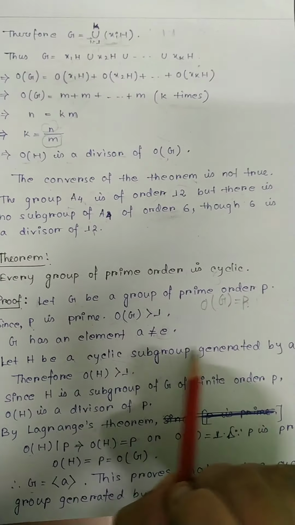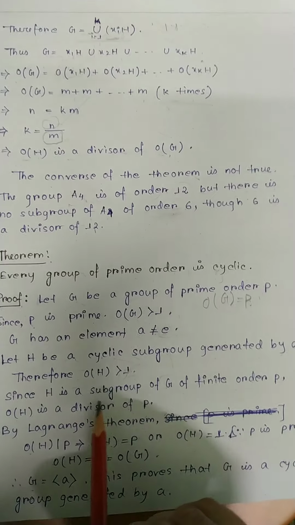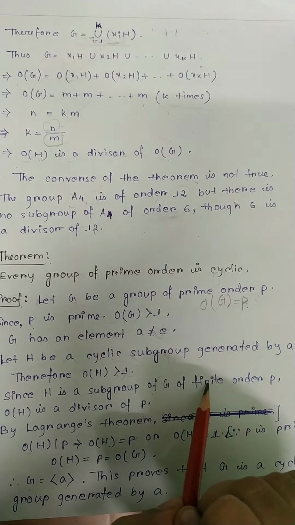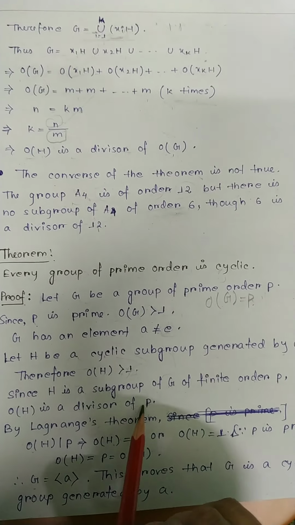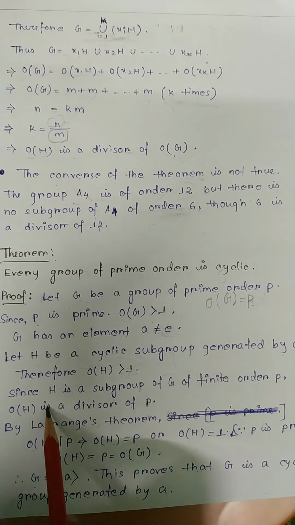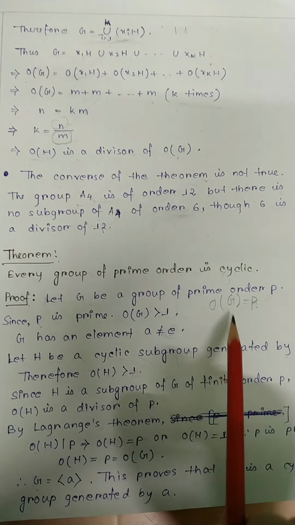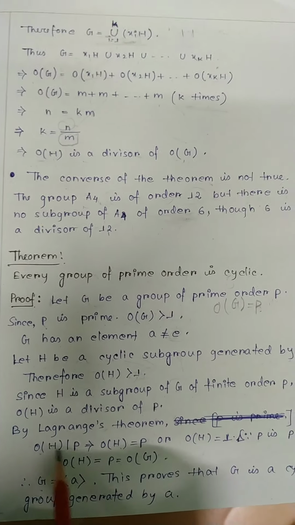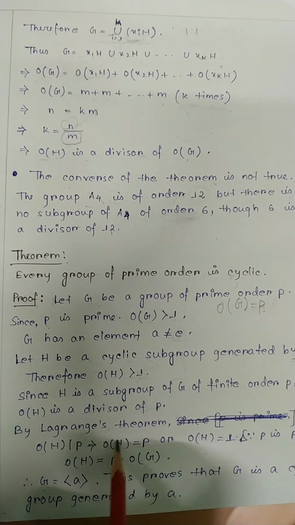Since H is generated by a, the order of H is greater than 1. H is a subgroup of G of finite order P, so by Lagrange's theorem the order of H is a divisor of the order of G, which is P. The order of H divides P, so the order of H equals P or 1.